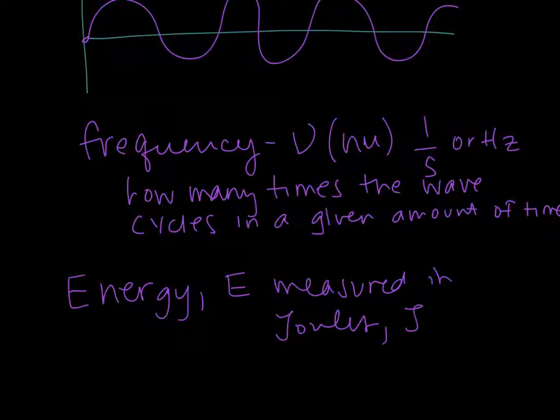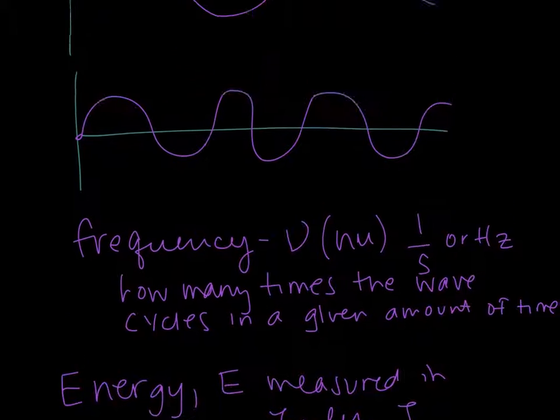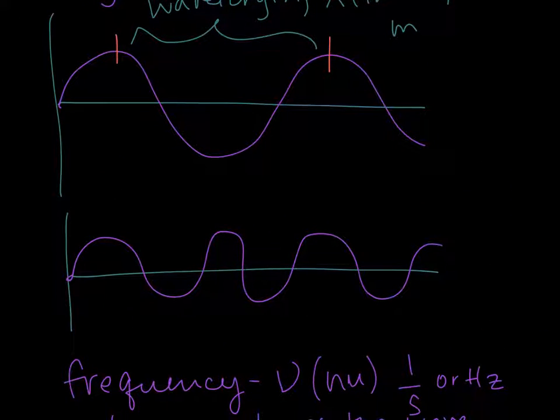And so if we go back and we look at the waves here, this one with the higher frequency has a much higher energy because it's moving more, and this one has a lower energy and a lower frequency but a much longer wavelength.